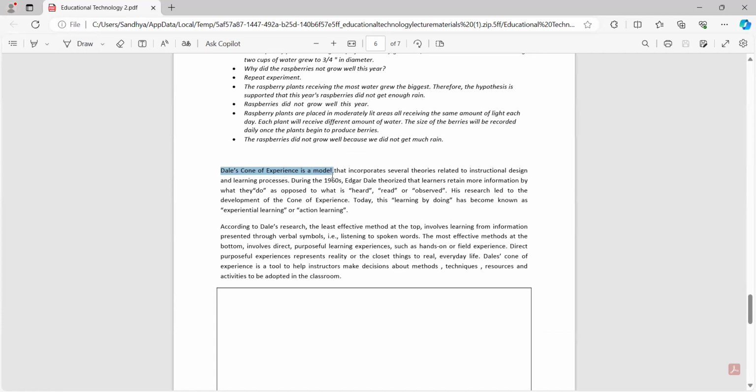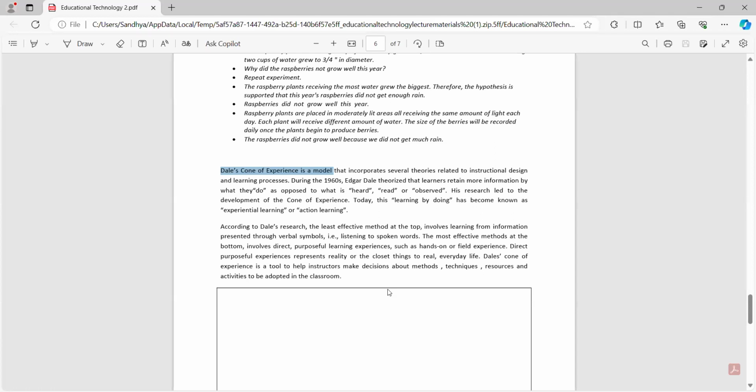Dale's cone of experience is based on the design that what is heard, what is read, and what is observed, you do not remember much.